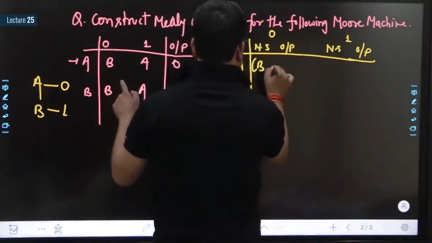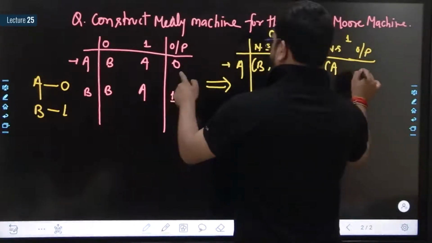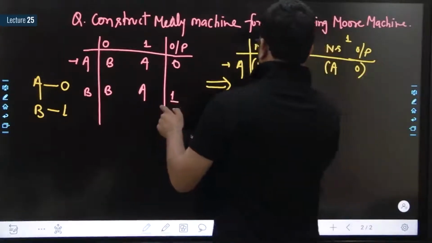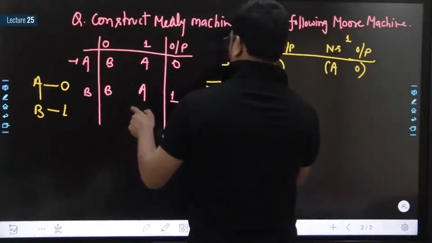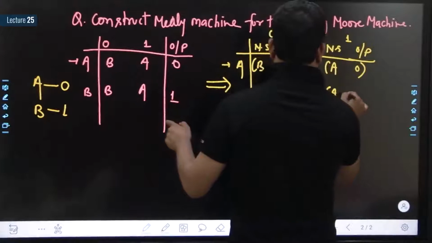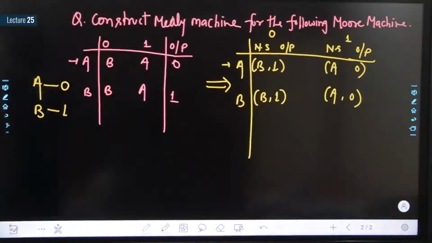B, 1. A, 0. B, 1. A, 0. This is the equivalent Mealy machine.